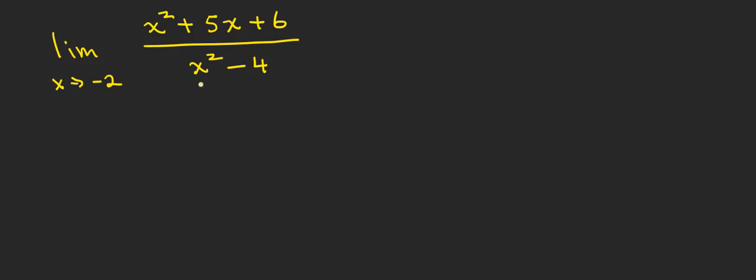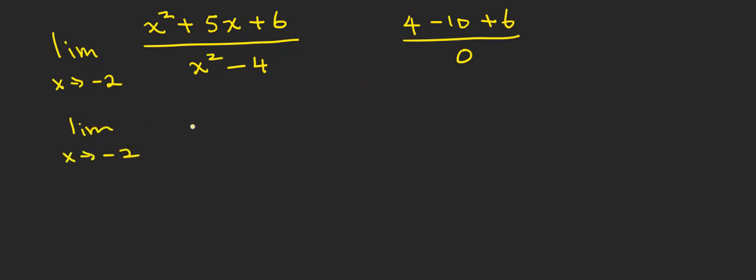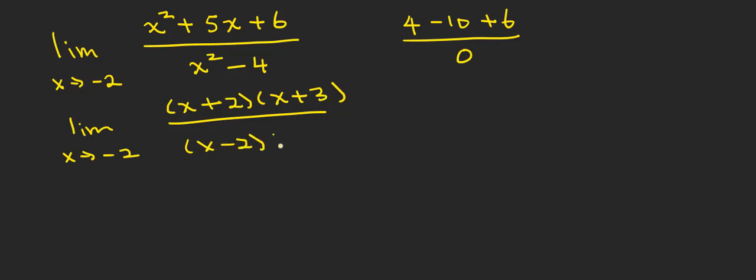What about this one? When you plug in negative 2, you're going to get 4 minus 10 plus 6 all over 0. So this is undefined, but if you use manipulation, we're going to factor this out. So you get x plus 2, x plus 3 on top, and you get x minus 2, x plus 2 on the bottom.